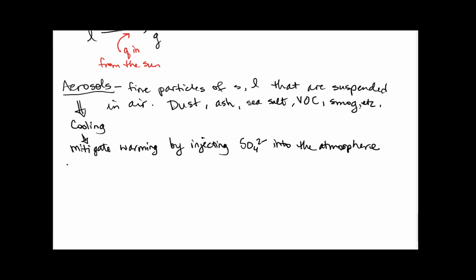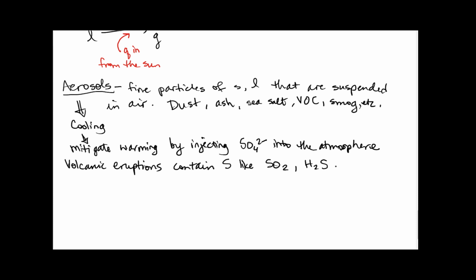The idea behind this is that we're coming back to those volcanic eruptions again. Volcanic eruptions contain a lot of sulfur. And they contain sulfur-containing gases like SO2, sulfur dioxide, or dihydrogen sulfide. And we noticed that when we have volcanic eruptions, those cause cooling events.